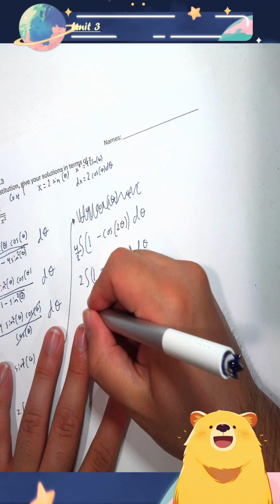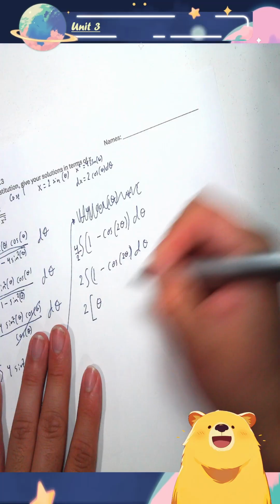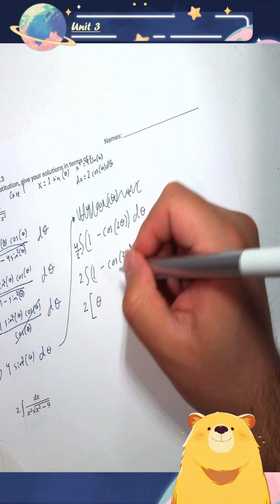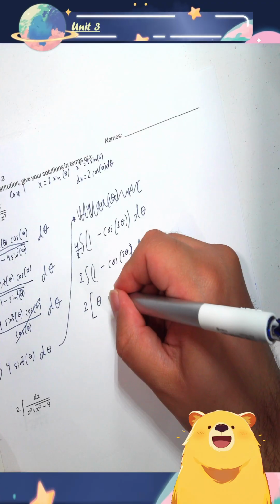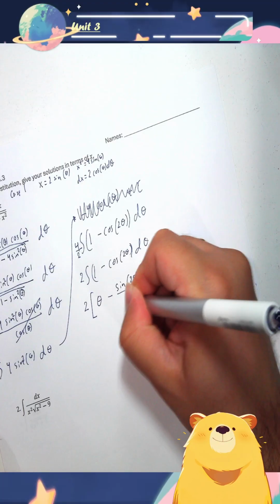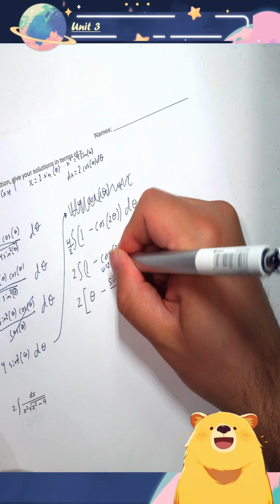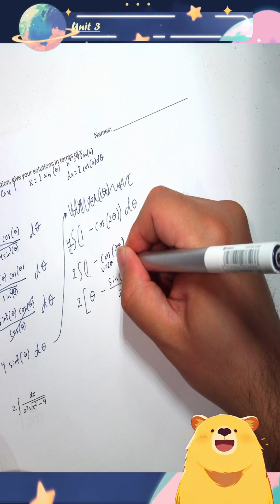That integral, well, that just becomes what? Theta. And then this guy's integral becomes negative sine of 2 theta over 2. The only thing I am skipping is using the u substitution. So keep that in mind.